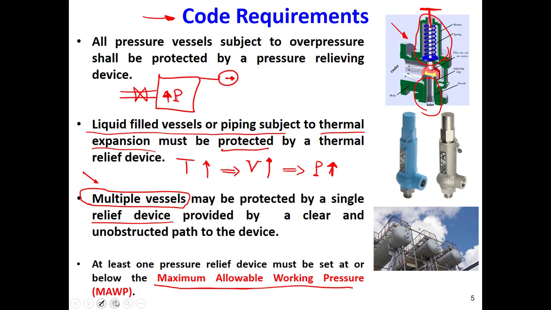Also, any equipment in the process has a parameter called MAWP, maximum allowable working pressure, which is the maximum pressure that is allowed to be reached in that equipment. If we pass this MAWP, we can damage the equipment, or in some cases we might have an explosion, or the equipment might burst.